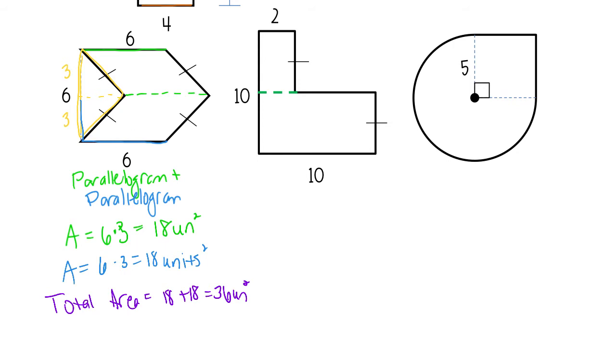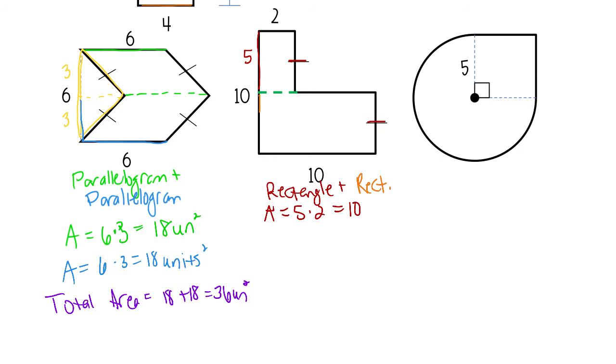All right, let's split up the next guy. We've got 2 rectangles here, it looks like. We have a rectangle plus a rectangle. So the red will be the top rectangle. It makes it important that these 2 sides are the same. So if the full side is 10, that means half of that side is 5. So the area of that top rectangle is 5 times 2, which is 10.